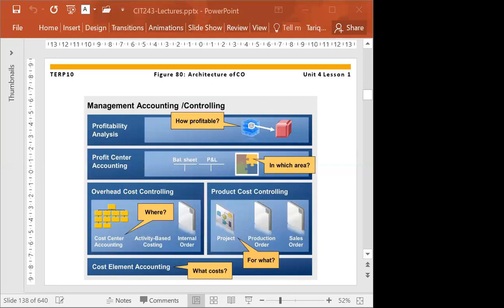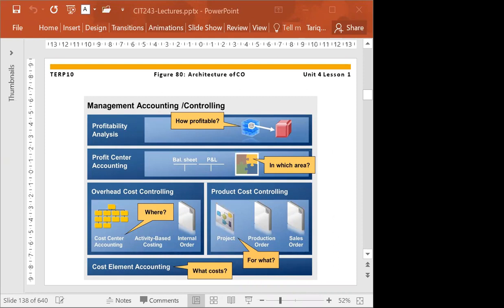Most of the values are moved automatically from financial accounting to controlling. The reason is that in financial accounting, you have the codes that you make the transaction into, and those codes are linked to the managerial accounting. How?